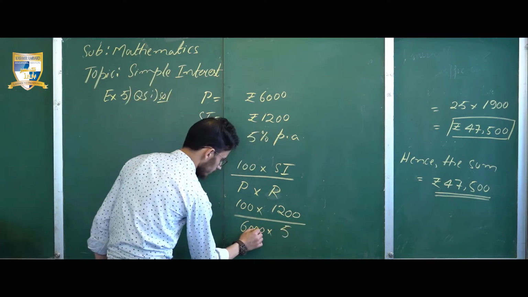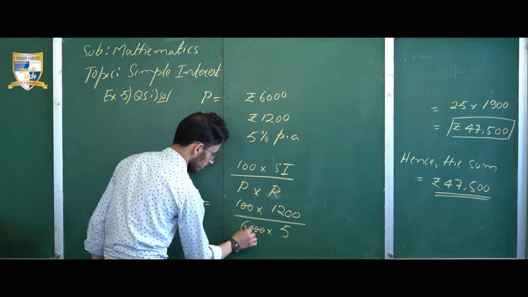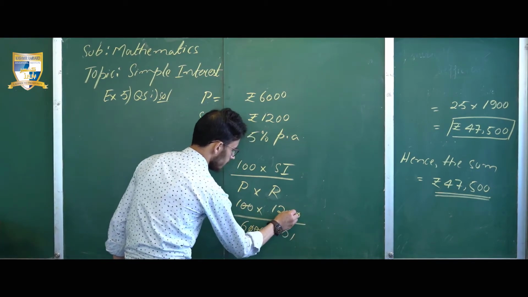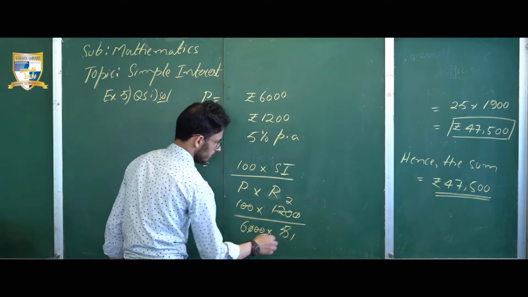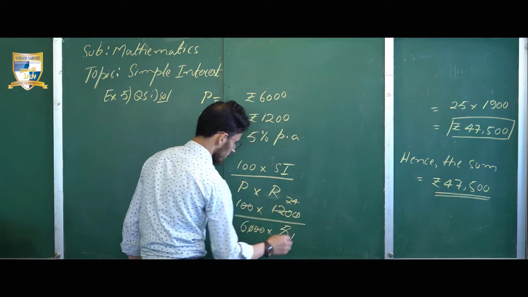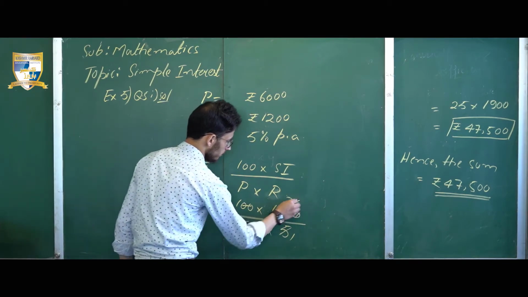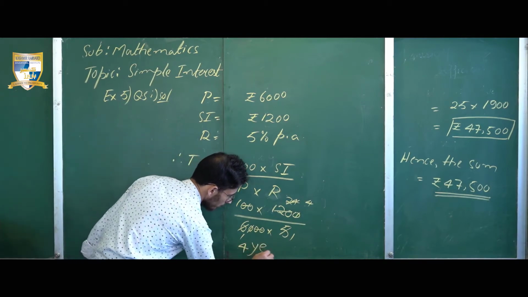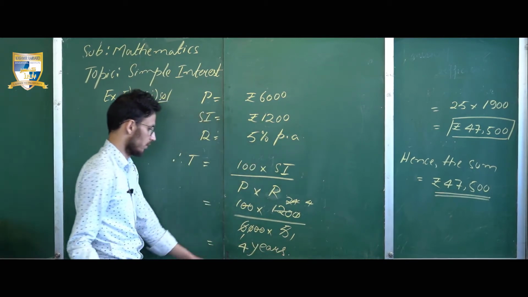After cancelling here these two zeros, 5 1s are 5, 5 2s are 10, and we get 2, 5 4s are 20. Now 6 1s are 6, 6 4s are 24, which is equivalent to 4 years. Here our time is equivalent to 4 years.